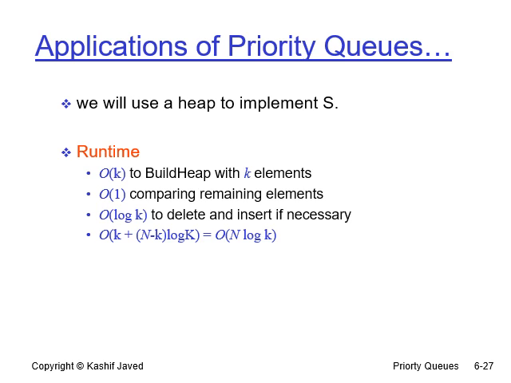So we can use a maximum binary heap to implement our S. Big O of k to build the heap with k elements, big O of 1 to compare the remaining elements, big O of log k to delete and insert if necessary, and finally, when you combine all these time complexities together, big O of k plus (n minus k) log k, and this turns out to be big O of n log k, right?